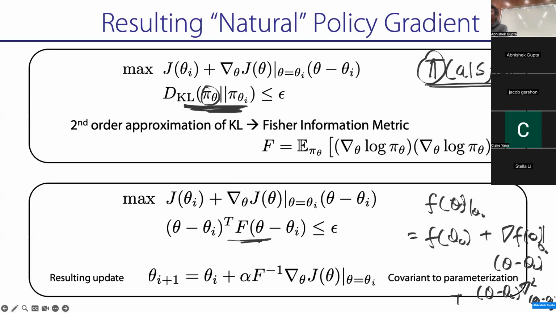So I took the Taylor approximation of that objective with respect to some theta i.